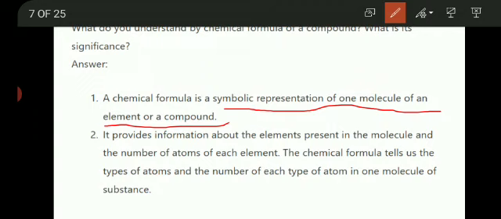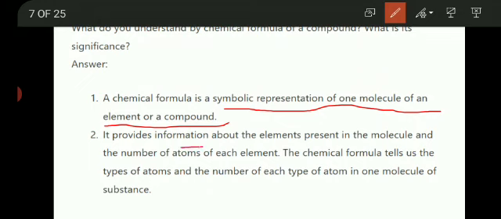For a compound or element, we should write it in symbolic representation. Symbolic representation means the shortened form of elements. Oxygen means we write O, fluorine means we write F. That is a symbolic representation.